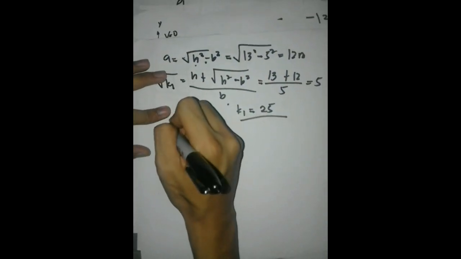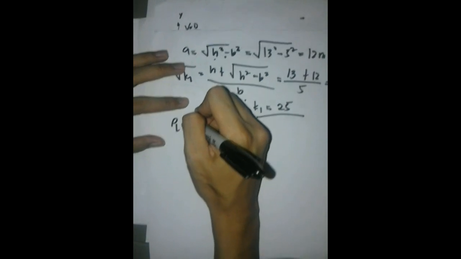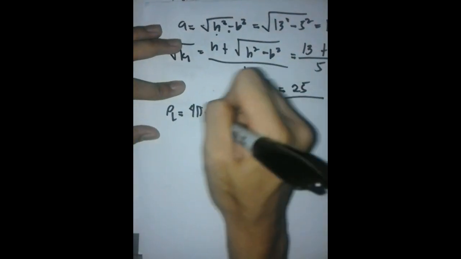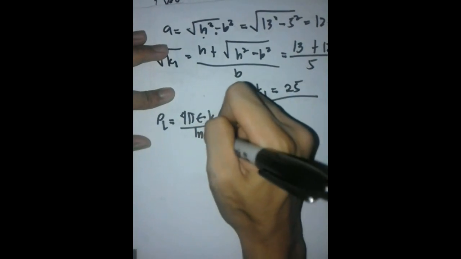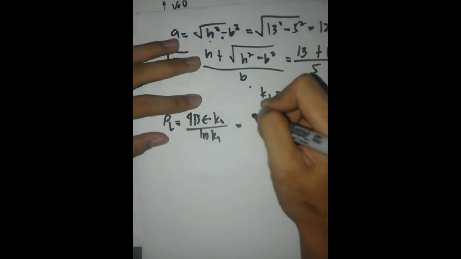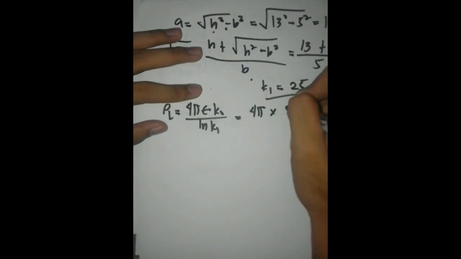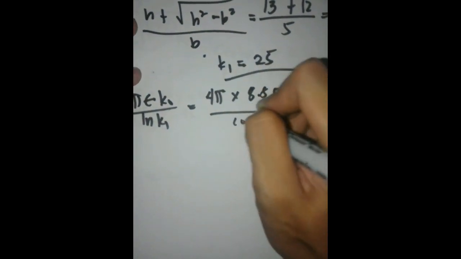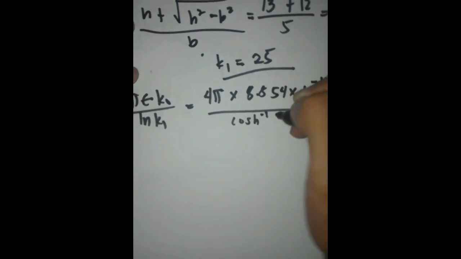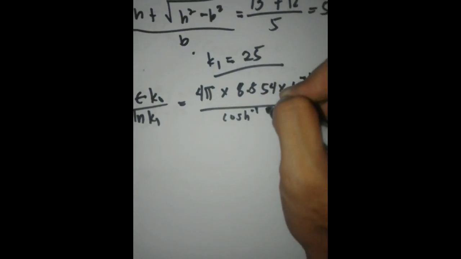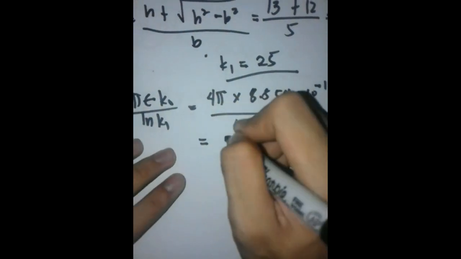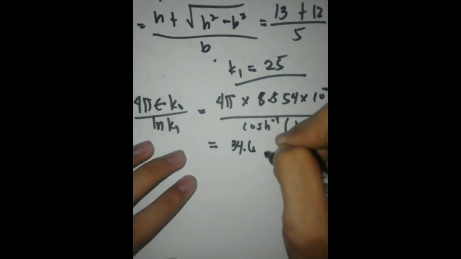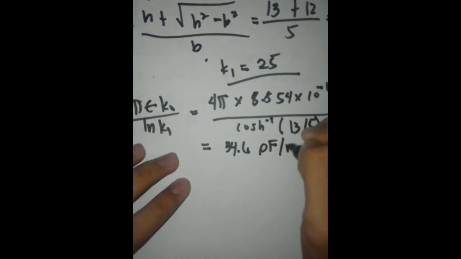We are going to substitute the given values in this formula to find rho L. 4 pi times 8.854 times 10 to the negative 12 over cosh inverse of 13 over 5 is equal to 34.6 picofarad per meter.